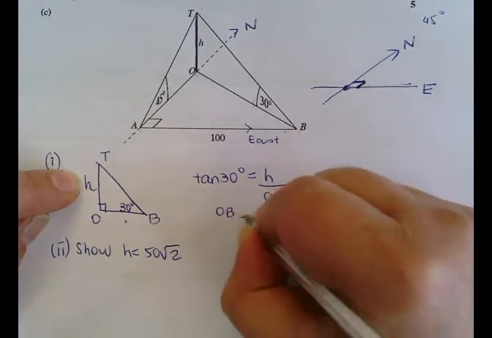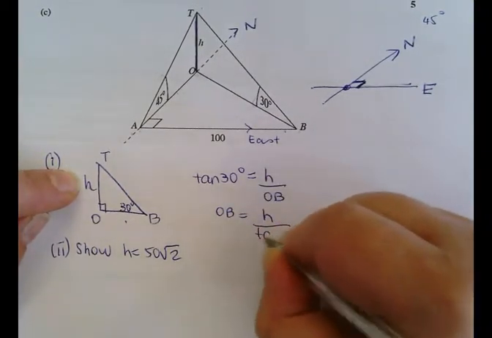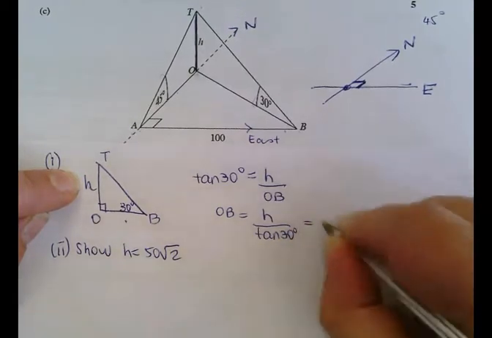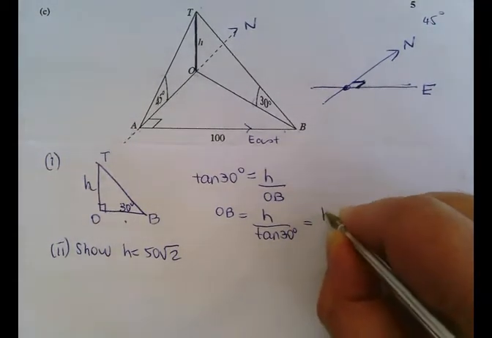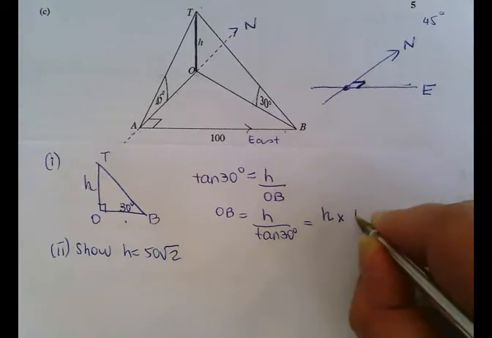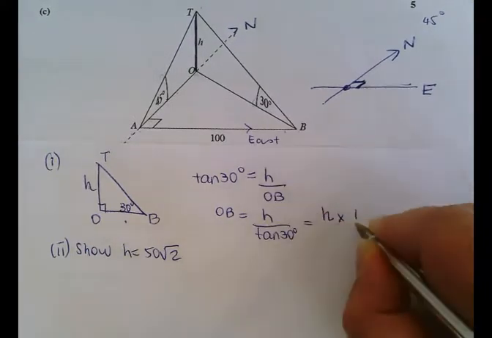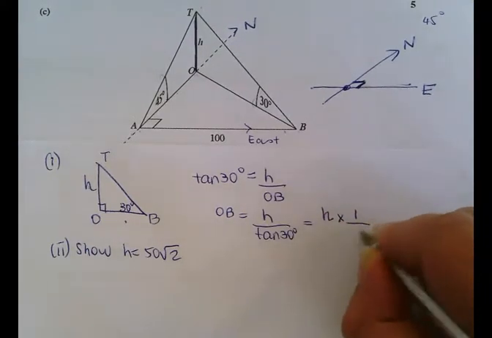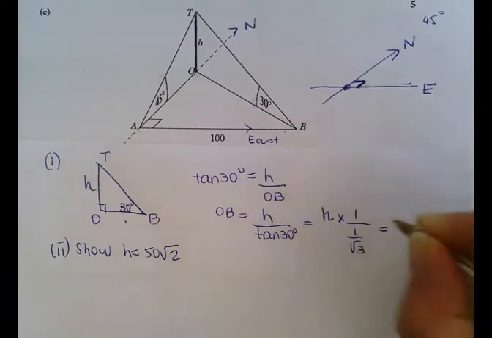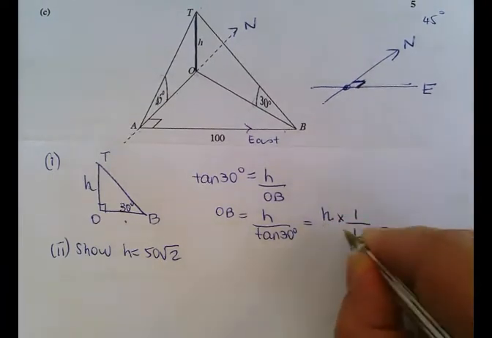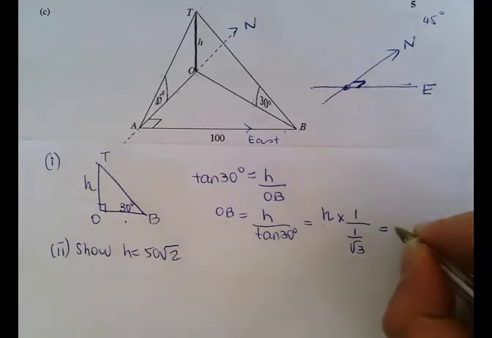So therefore OB equals H over tan 30. What's tan 30 equal to? It's 1 over root 3. Are you okay with that? It's really H divided by 1 over root 3, which is root 3 times H.